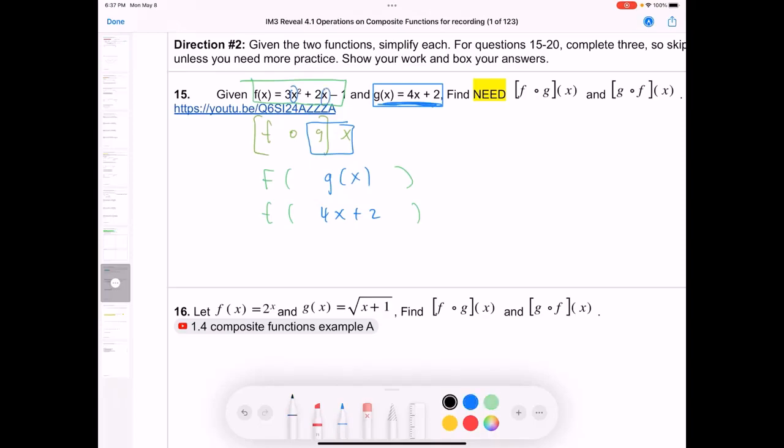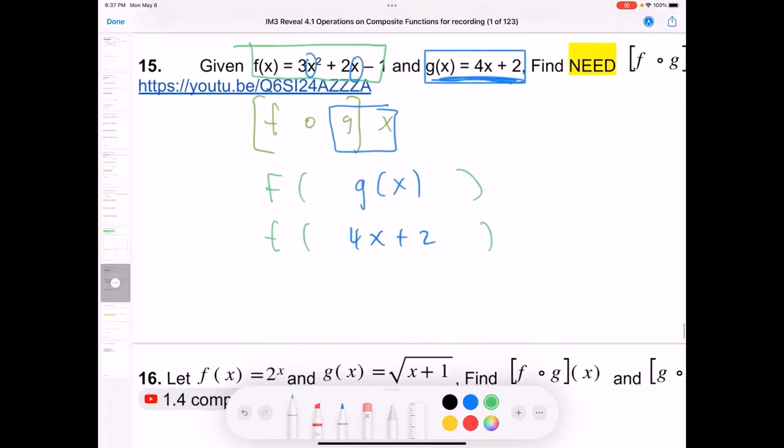So I have 3 times 4x plus 2 squared plus 2 times 4x plus 2 minus 1.